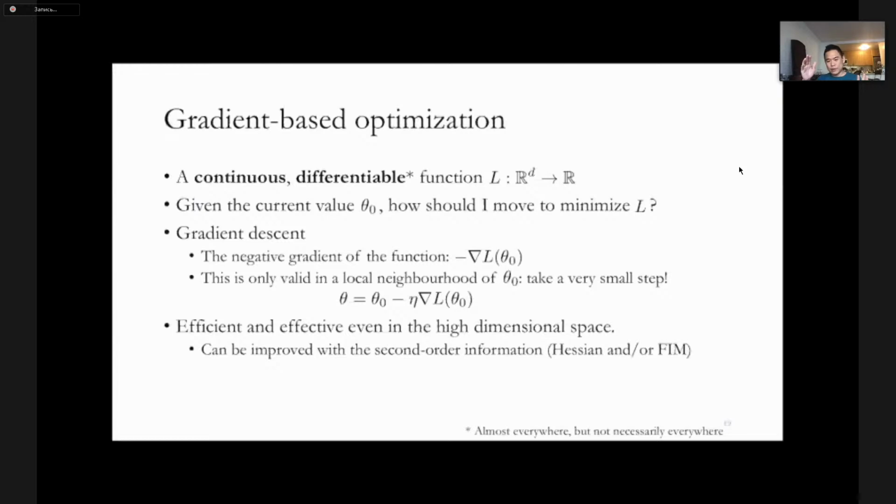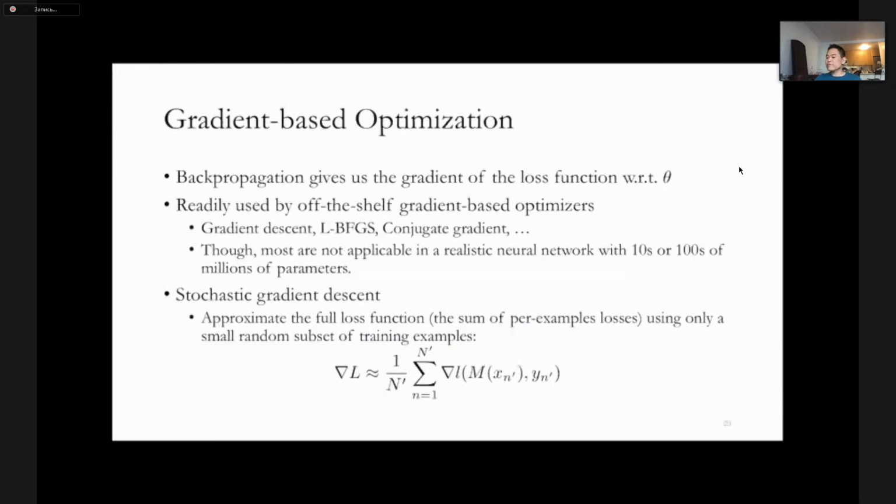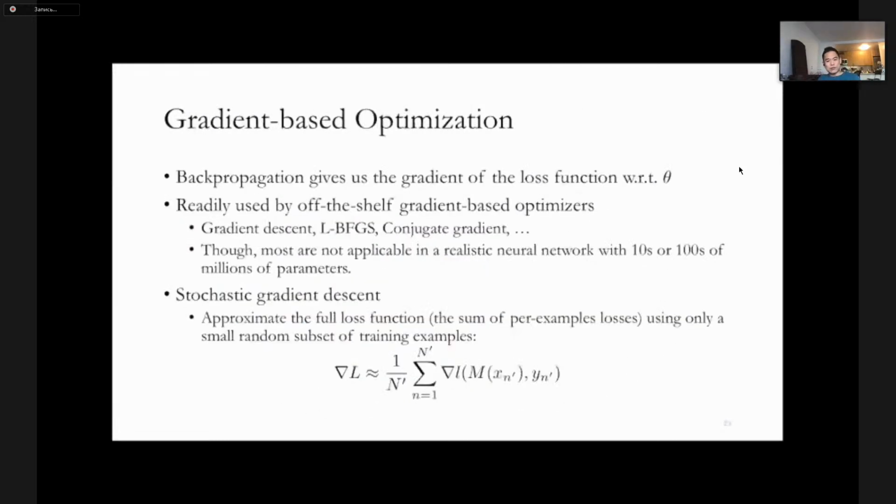And then we're going to rely on the availability of the gradient of this loss function with respect to all the parameters. Once we have access to this gradient, however we compute it, we can use any of the off-the-shelf gradient-based optimizers, including gradient descent, LBFGS, conjugate gradient, or whatnot.